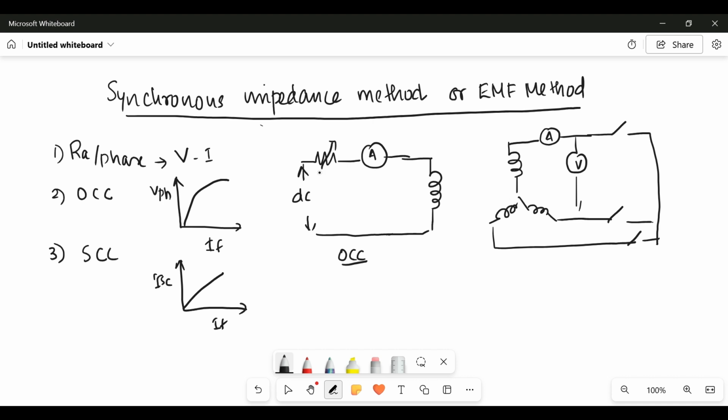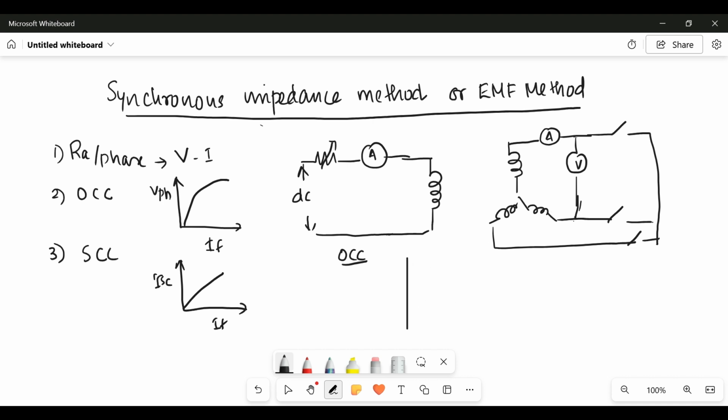With the help of this field rheostat, the field current is increased. Due to this, flux increases and the EMF induced across the terminals also increases. And we should change the rheostat up to 125% of the rated voltage of the alternator in order to get the open circuit characteristics.